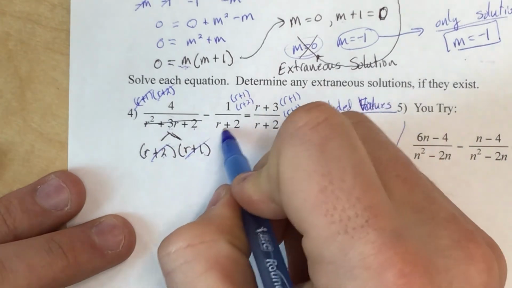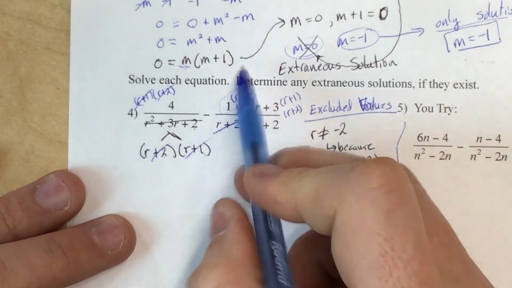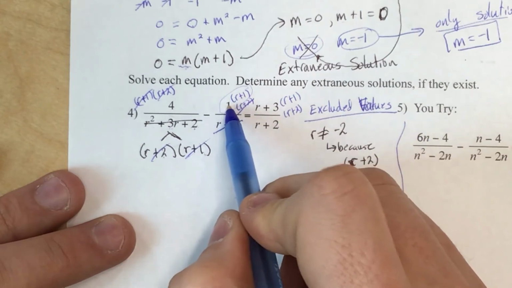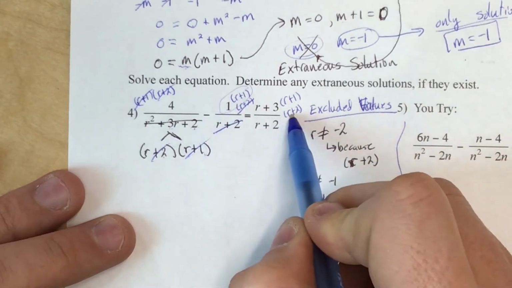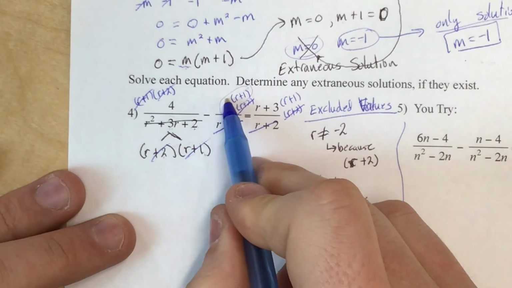In the second term, only the r plus 2 eliminates, so you're still left over with this r plus 1 and this 1. In the last term, the r plus 2 and the r plus 2 eliminate, but you're also left over with an r plus 1, just like the second term.